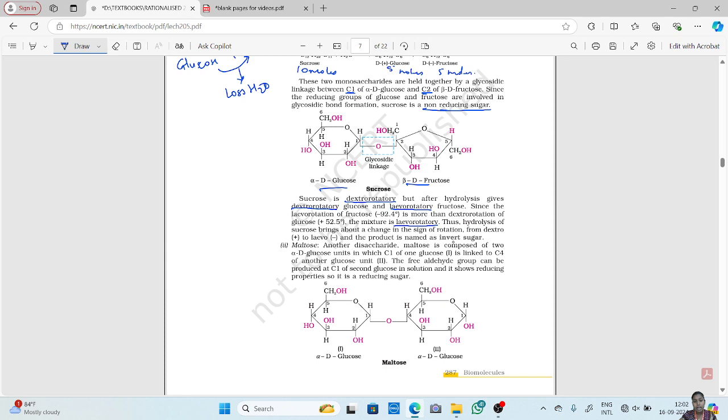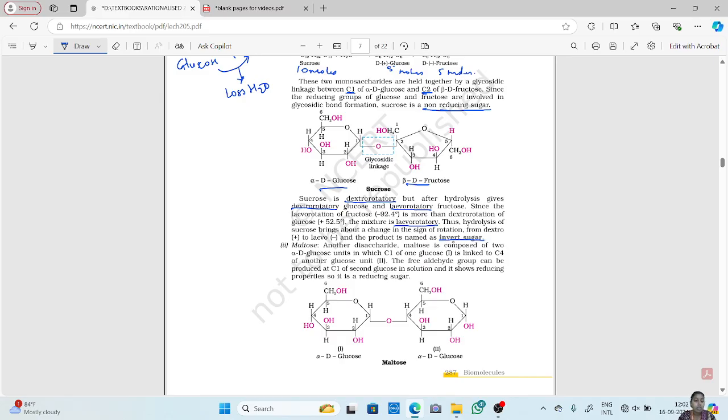Thus, hydrolysis of sucrose brings about a change in the sign of rotation from dextro, that is positive, to levo, that is negative, and the product is named invert sugar. Why it is named invert sugar is because sucrose is dextrorotatory, but it gives a product of dextro and levo together, and since levo is present in majority, the entire mixture is levorotatory.